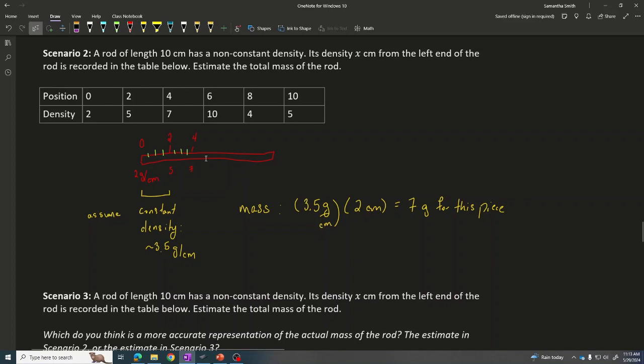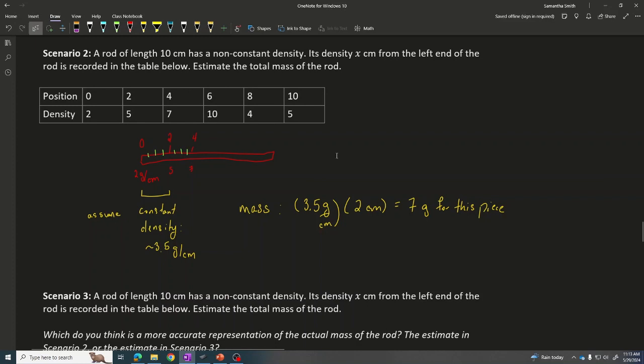So in this situation, as I take more and more recordings, as I collect more and more data, as the little length of the pieces of rod becomes smaller and smaller, my sum becomes more accurate. And the sum, as the accuracy increases, becomes an integral.